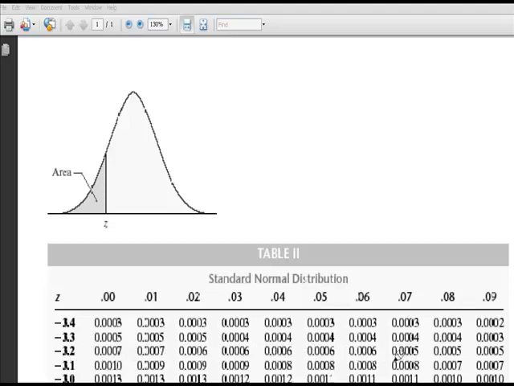Negative 3.16. A little bit difficult to read, but you could safely say that the probability, or what percentile is that? That would be 0.0008. You're not even in the first percentile.